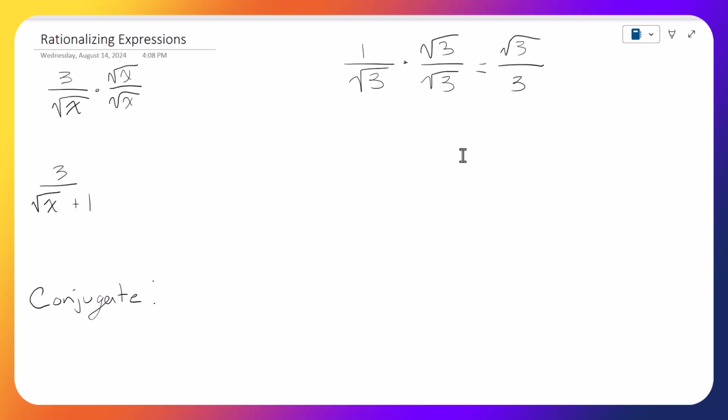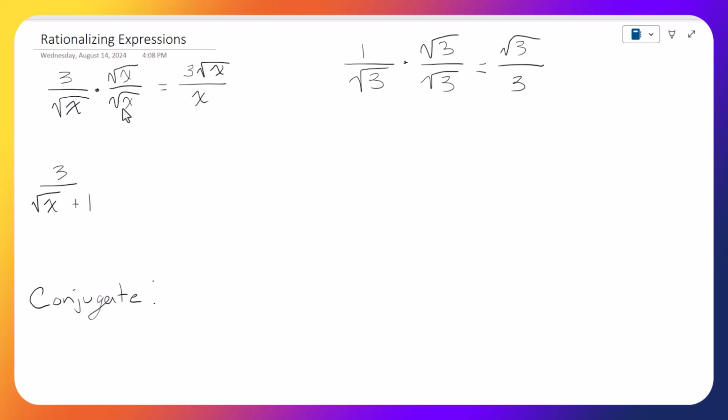And 3 times root x, well, that doesn't make anything pretty, so we'll just put it together, 3 root x divided by x, because the square root of something times the square root of itself makes the square root go away, which is kind of the point of rationalizing. What you've seen so far has been to make the square root on the denominator go away.